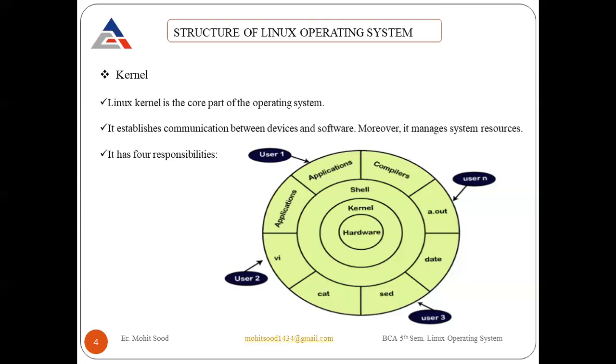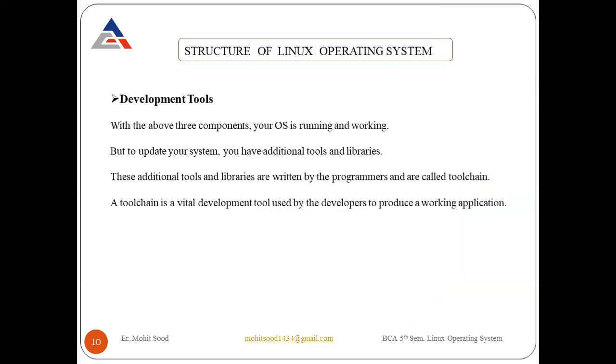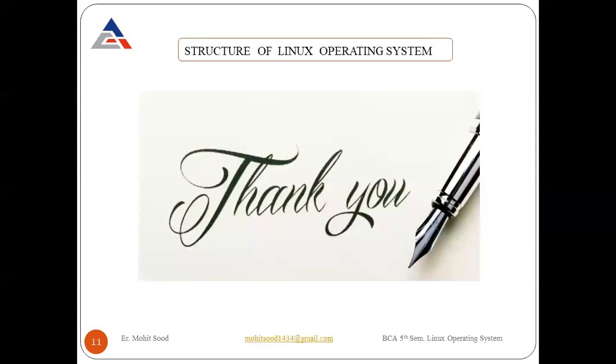Some popular distributions are Ubuntu, Debian, Linux Mint, Arch Linux, and Red Hat. Ubuntu and Fedora would be good choices for beginners and programmers. My favorite operating system is Ubuntu.